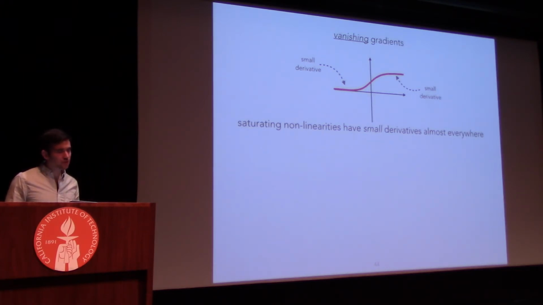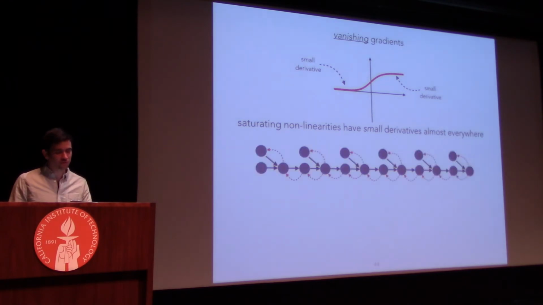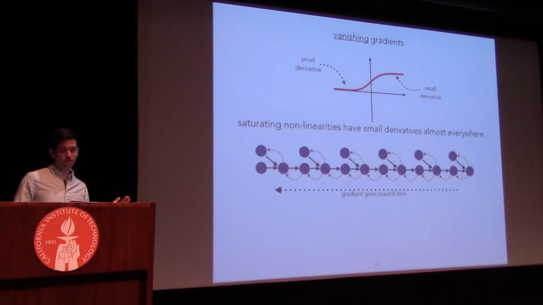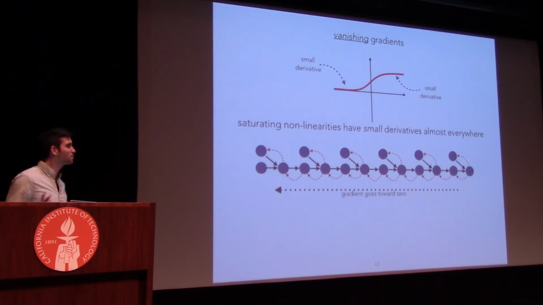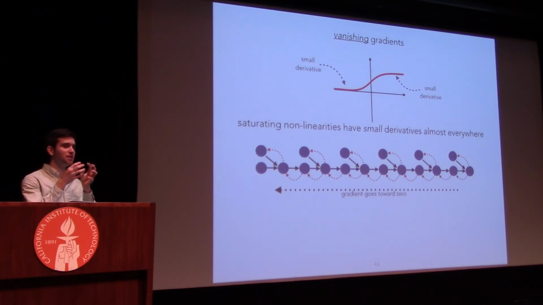So if we have these small derivatives and we're backpropagating through the network, what we end up with is our gradient going towards 0. This is something that stumped people for a very long time. And it seems almost obvious, because remember when I said backpropagation involves a derivative of the nonlinearity, and then you multiply all those terms together. People didn't really realize that their gradients were going towards 0, making it really difficult to train these networks.